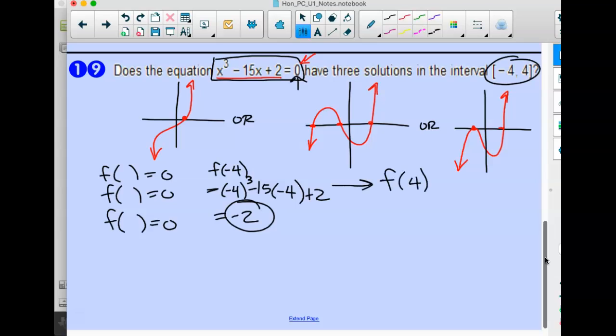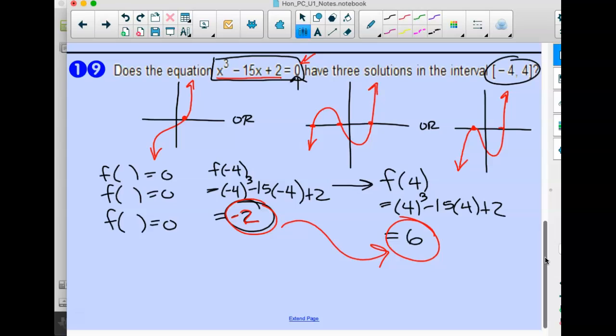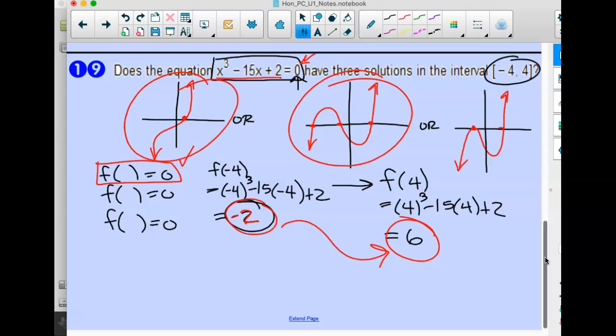So if x is -4, y is -2, and if you put in 4, you would get 6. So the input goes from -4 to 4, the outputs go from -2 to 6. Well, you can't get from -2 to 6 without passing through what? The answer would be, of course, 0, right? Negative numbers to positive numbers. So there is at least one place where the graph equals 0, okay?